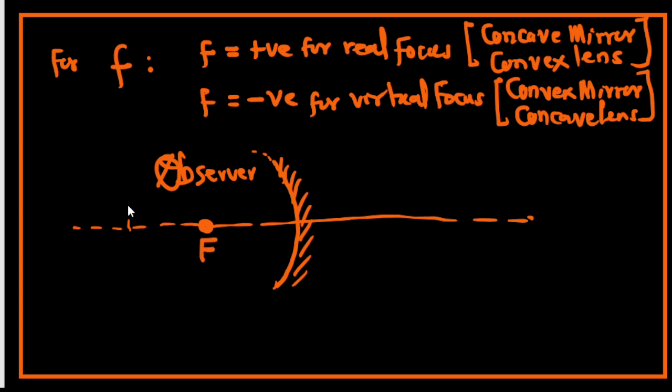You remember I said one way to distinguish between real and virtual is that real is always formed at the side of the observer, while virtual is always at the opposite side of the observer. Since the principal focus of a concave mirror is at the side of the observer, that automatically makes it what? Real.